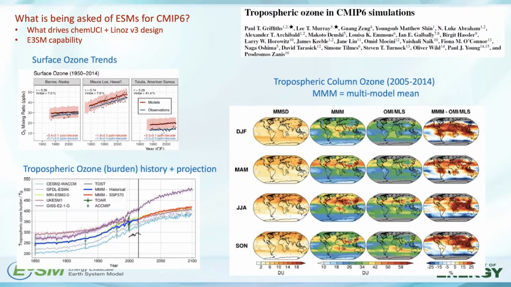Also for the surface ozone in the tropospheric ozone, we have the surface ozone trends. We have observations to evaluate against, and also the geographic patterns of tropospheric column ozone, and then the burden in the historical and future time periods.